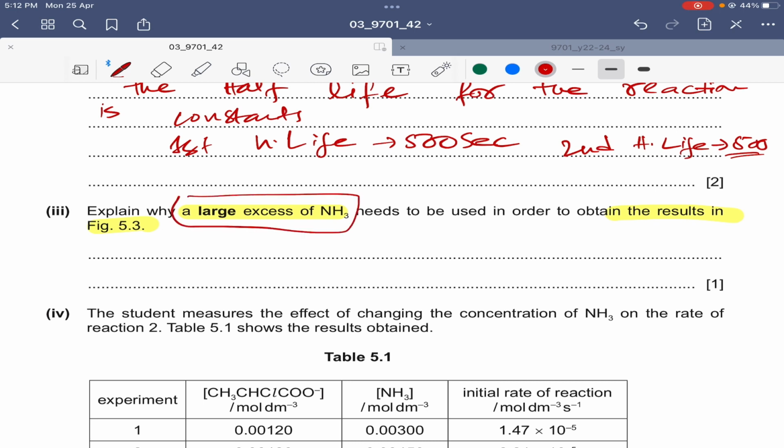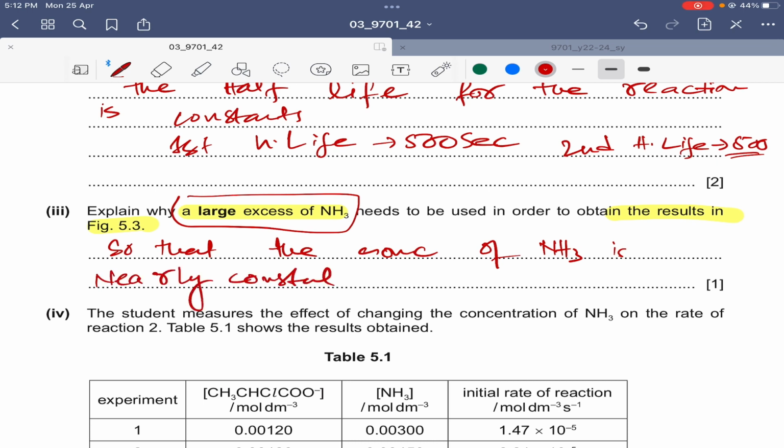So why have we added ammonia in large excess? So that the concentration of ammonia is nearly constant and does not affect the rate of reaction, right?